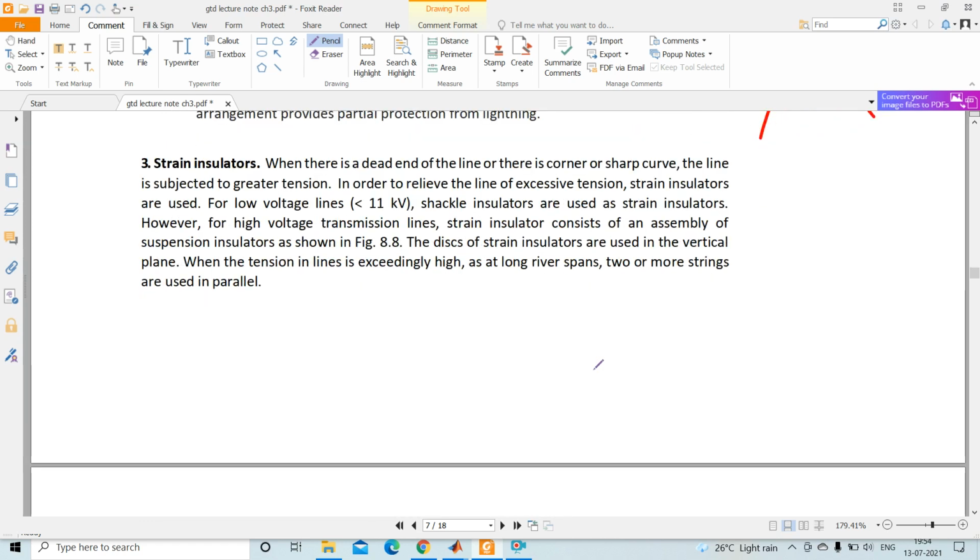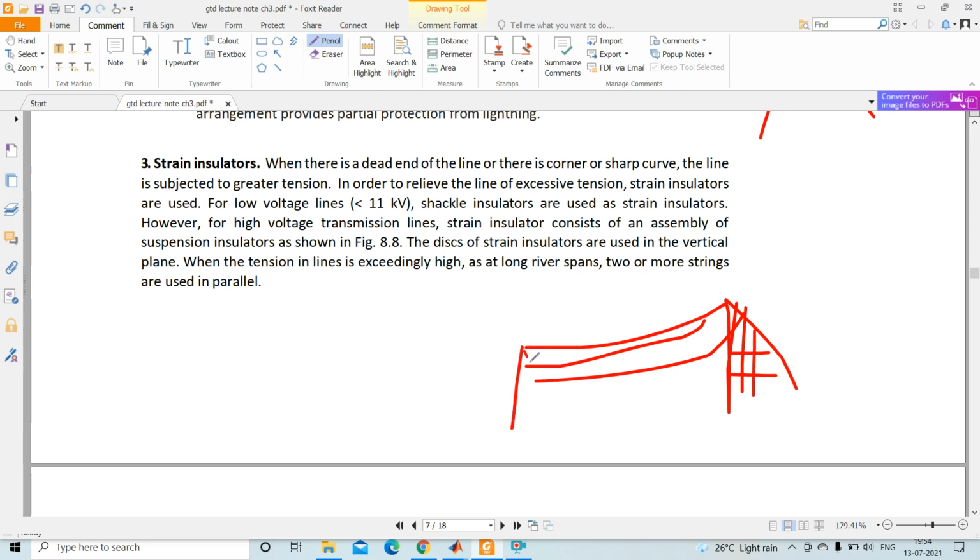So when there is a dead end of the line, or there is a corner or sharp curve. Corner means, see, the conductors are like this. This is the conductor, and here is one tower. And this is also another tower.